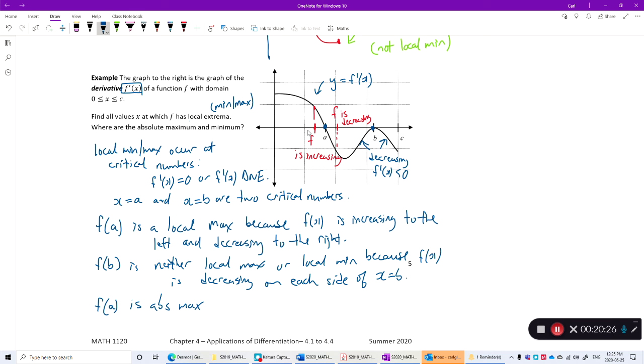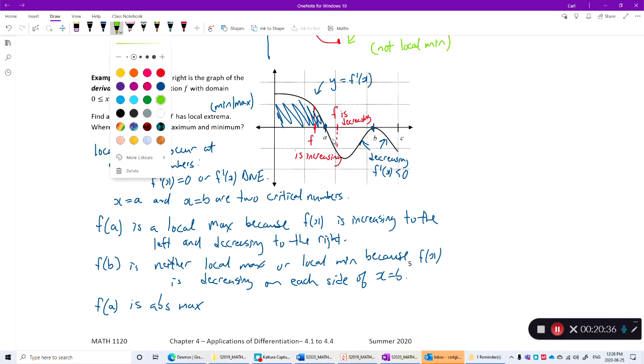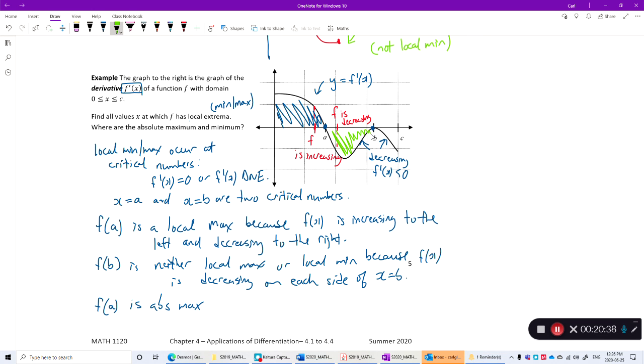Basically, the function is increasing up to the point where you get to a, but then it's decreasing everywhere else. Because it's increasing to the left and decreasing to the right, it's the same reason it was a local max.